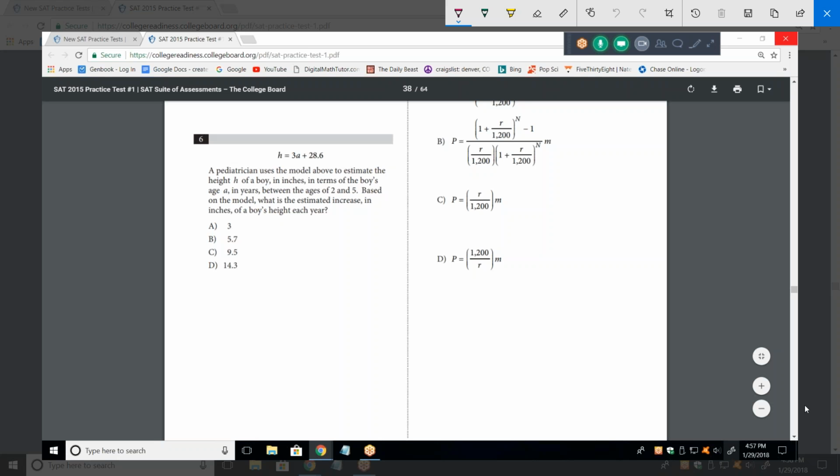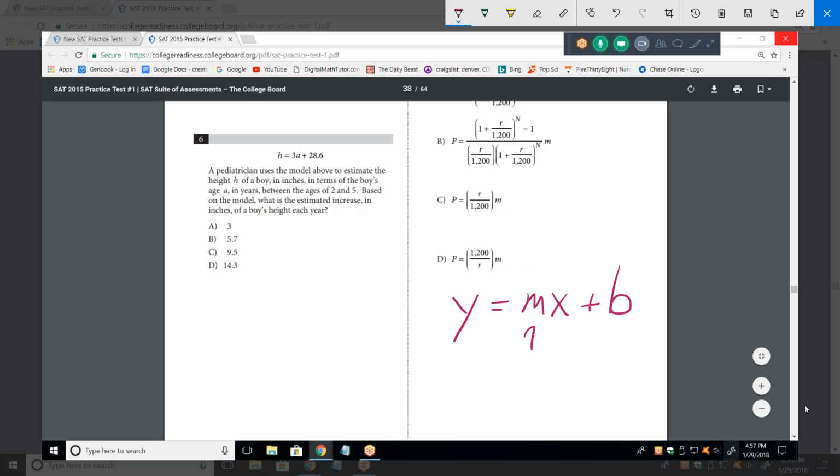Use the model to estimate the height, age of a boy, in inches. I'm confused. Hold on. Well, let me give you a hint. This is the equation of a linear equation.